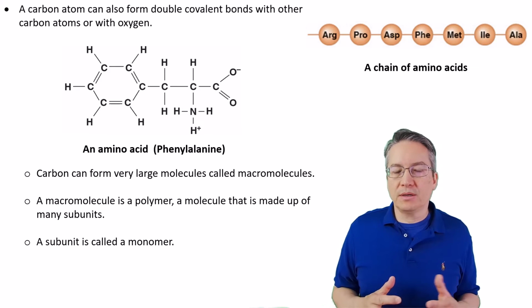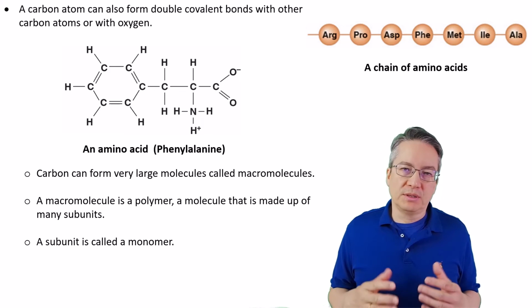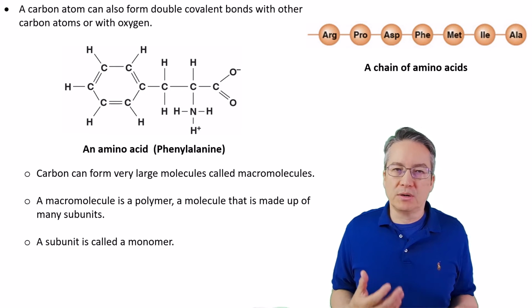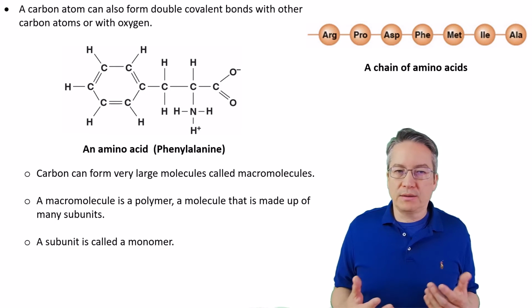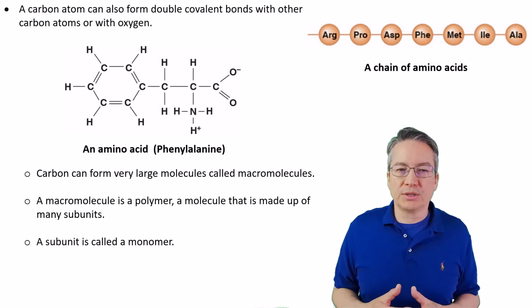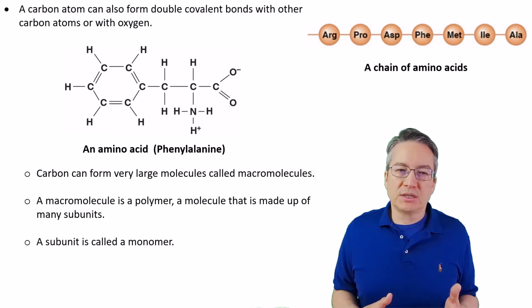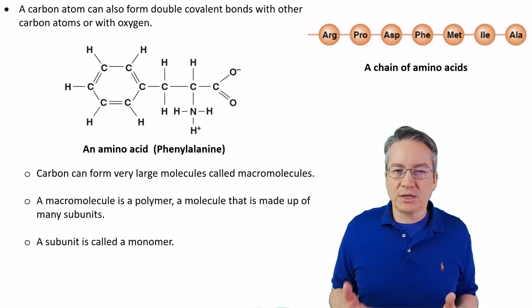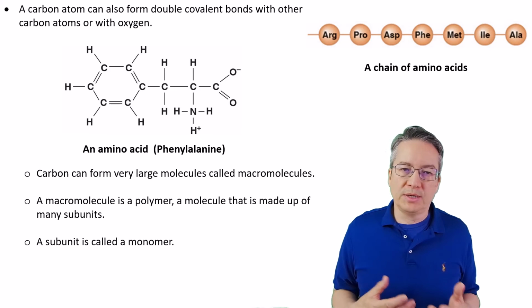So carbon can not only form single covalent bonds, but it can also form double covalent bonds with other carbon atoms and with oxygen and potentially other atoms. You can see an example of this. Here's an amino acid, phenylalanine. You can see there are double bonds between carbon and other carbon atoms, and there's actually a double bond here between carbon and oxygen.